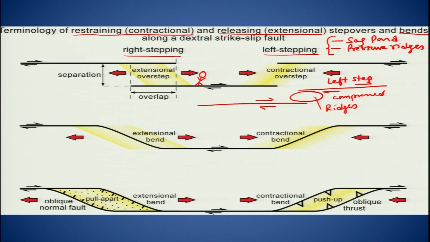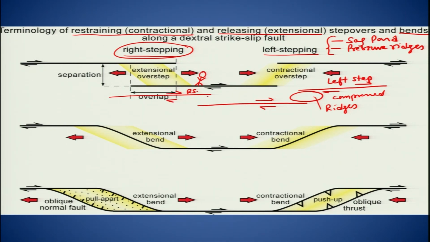Similarly here, if you have the portion which is stepping to the right, so a right step over, this was left and this is the right step over. This portion is moving in this direction, this will move away from this, like that.